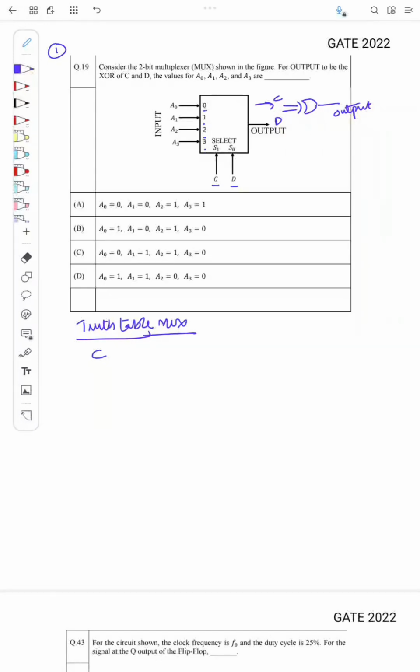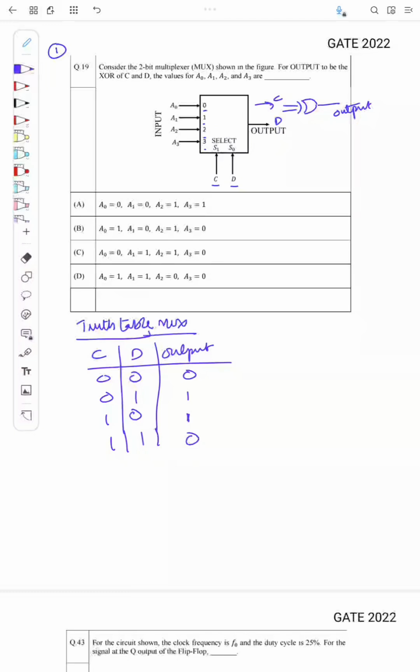So I have C, D and output, for C D: 0 0, 0 1, 1 0 and 1 1. So these are the inputs, and we know for an XOR gate when the inputs are 0, 0 and 1, 1, the output is 0, and if there is any difference between C and D, then the output will be 1, right?